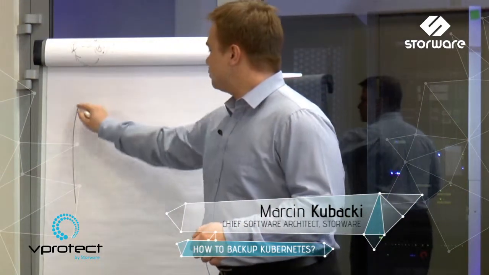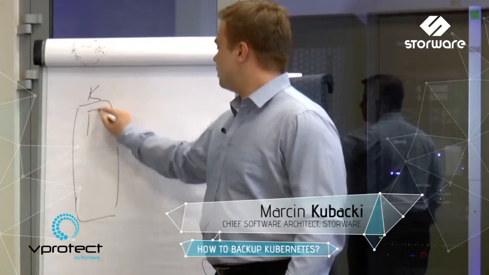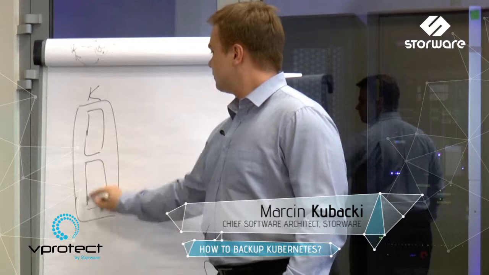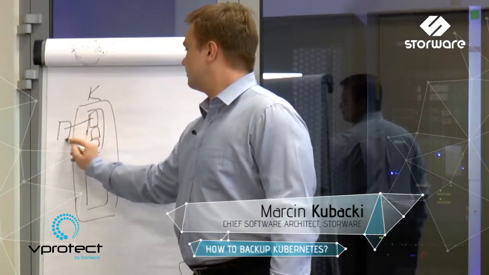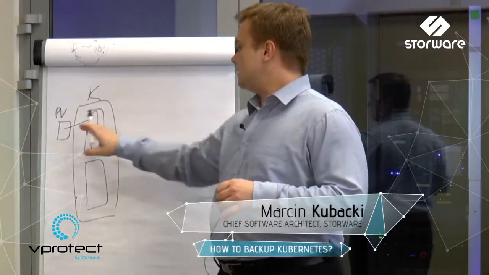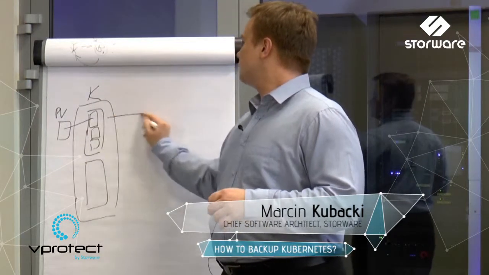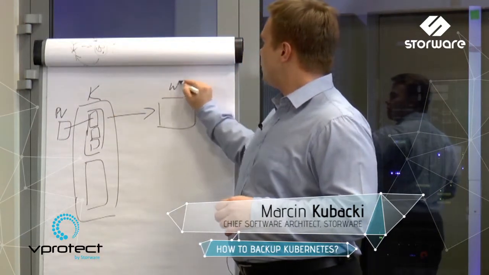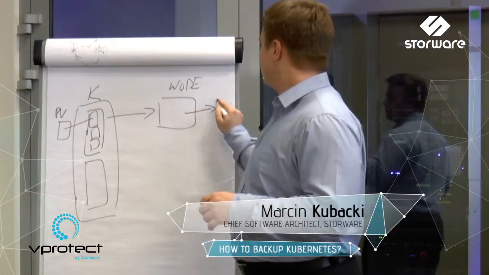What it actually does is, assuming that you have your Kubernetes in here and set of deployments with multiple pods and persistent volumes, we actually are able to get data from these persistent volumes, grab the configuration, and later export it to our node and your backup destination.